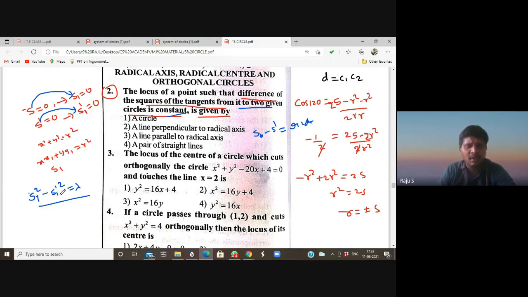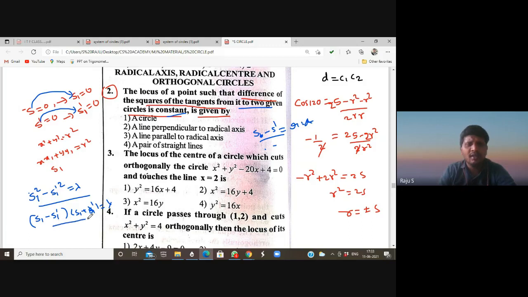S1 square minus S1 dash square is equal to a constant. When S1 minus S1 dash is equal to 0 we get the radical axis. So it can be written as S1 minus S1 dash times S1 plus S1 dash is equal to lambda.